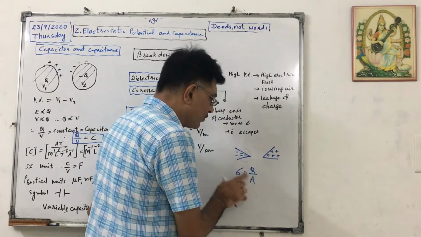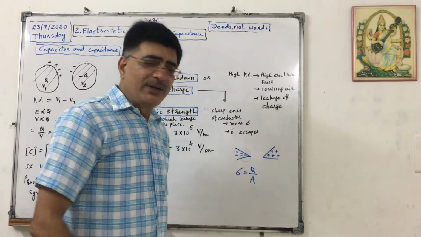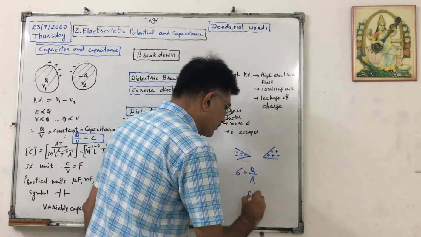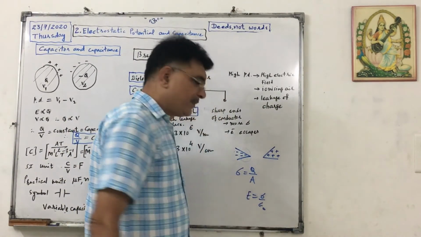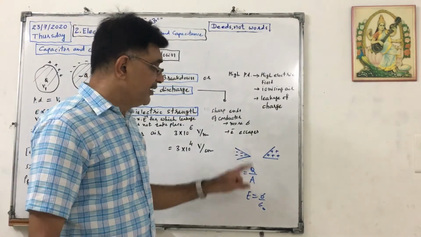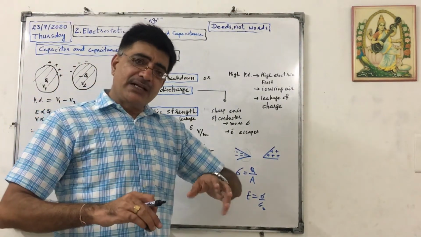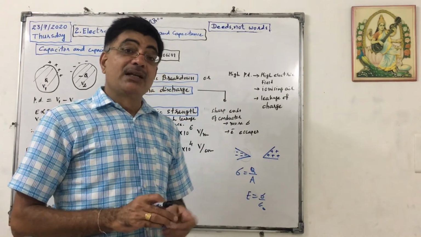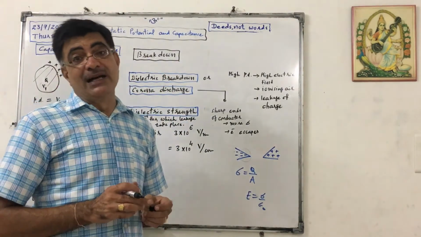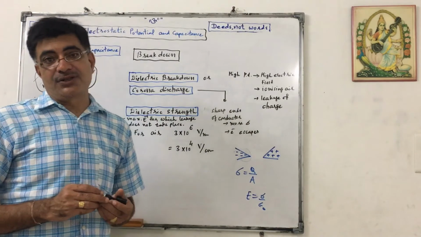The area is very small, so sigma will be very large. We know that E equals sigma upon epsilon naught, so the electric field here will be of very high value. In that case, electrons can escape. That is called dielectric breakdown, or corona discharge.